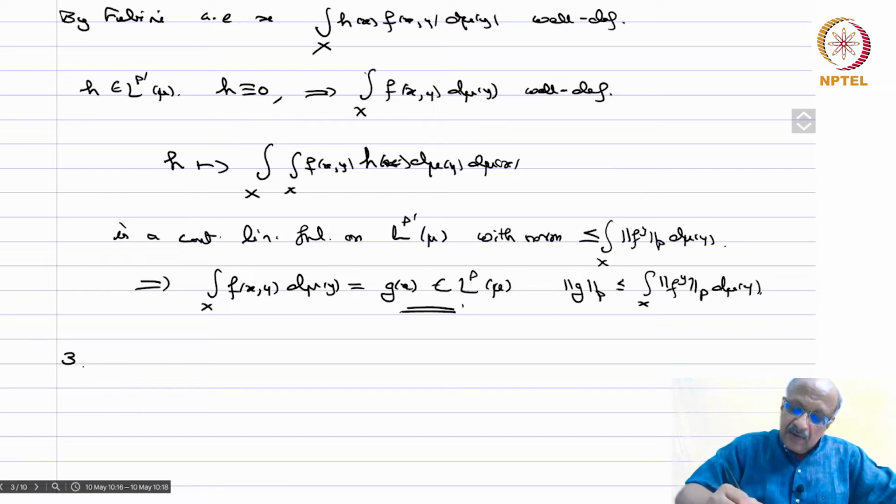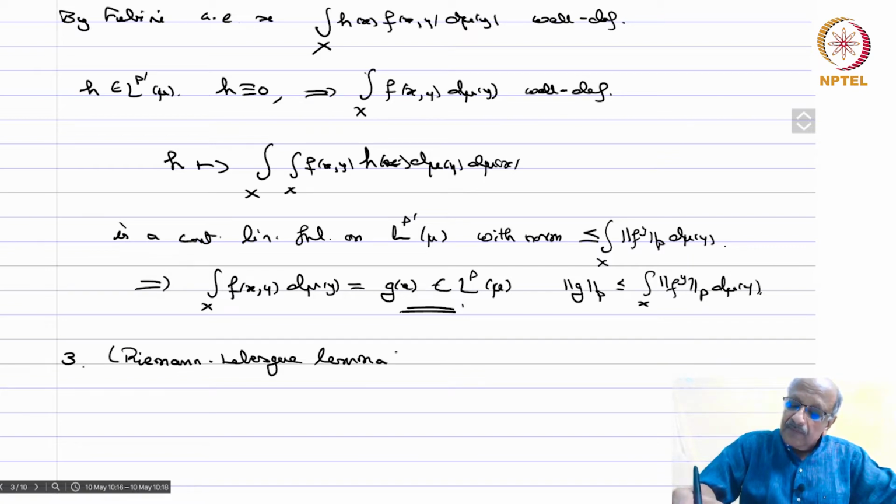This exercise is sometimes called the Riemann-Lebesgue lemma. There are several versions of the Riemann-Lebesgue lemma, so this is one such version.